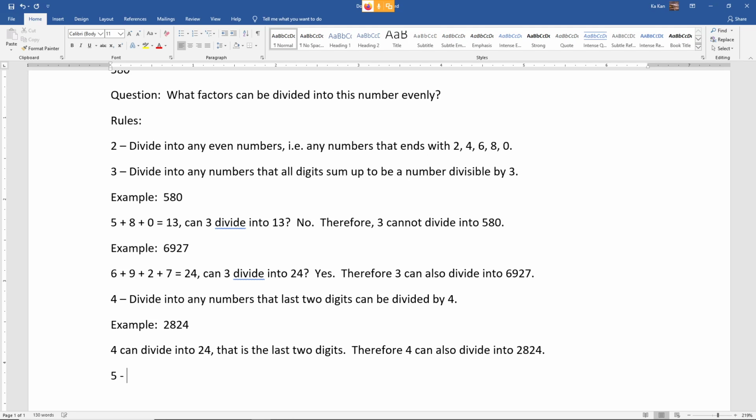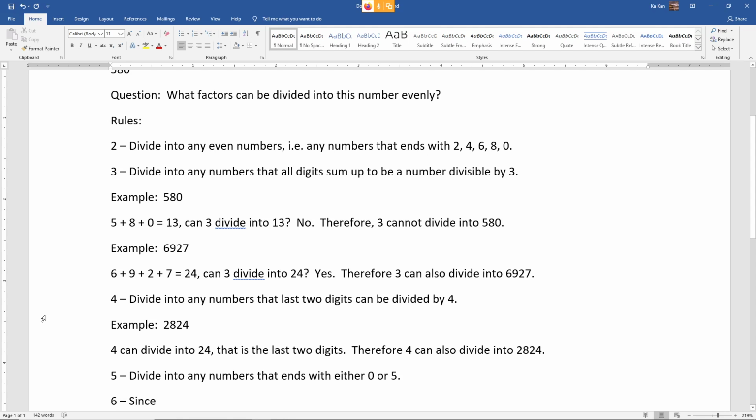5. Now 5 is the easy one. 5 can divide into any number that ends with either 0 or 5, like 5, 10, 15, 20, 25, 30, that sort of thing. So not too bad. 6. Now 6 is a bit tricky. 6 is 2 times 3, right?